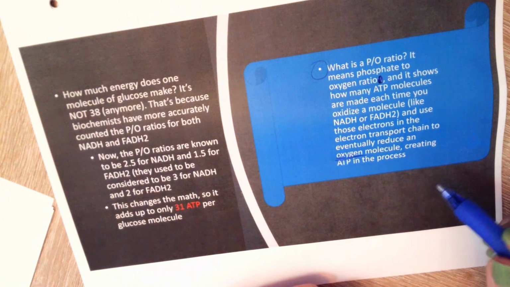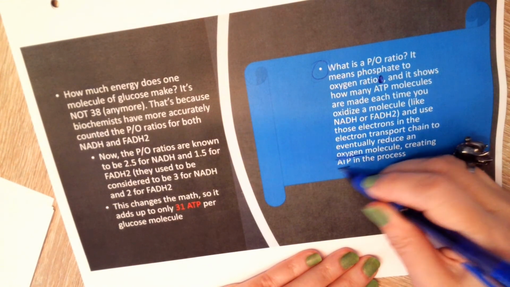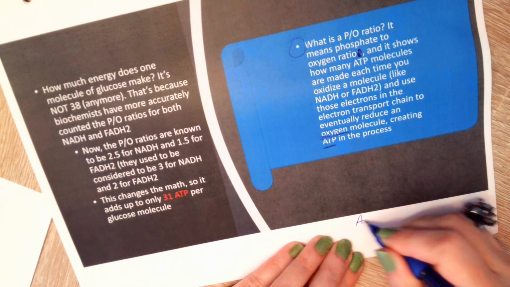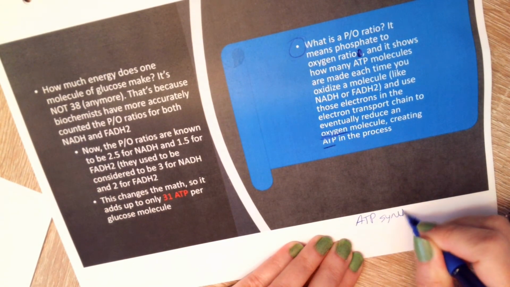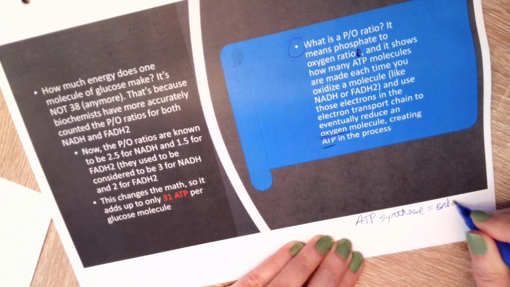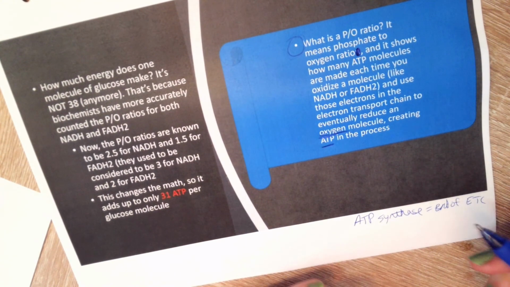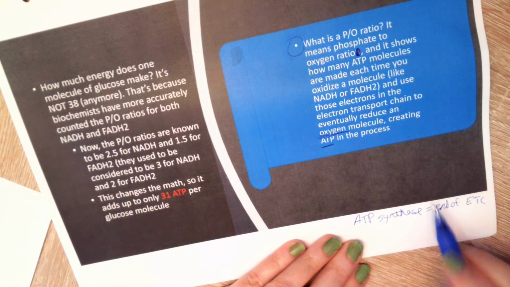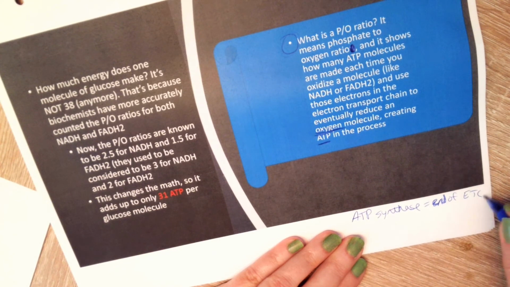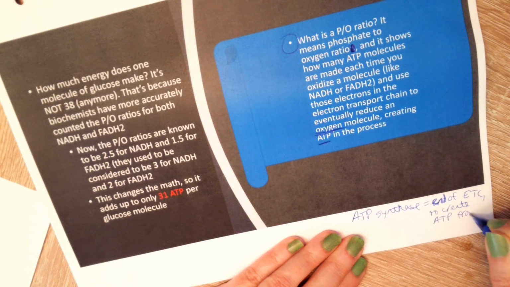So that is going to create the ATP in the end through that ATP synthase molecule, if you remember that from the electron transport chain. You could say the oxygen is the end of the electron transport chain, but it drives hydrogen across the membrane, and we use the ATP synthase to create ATP from ADP.